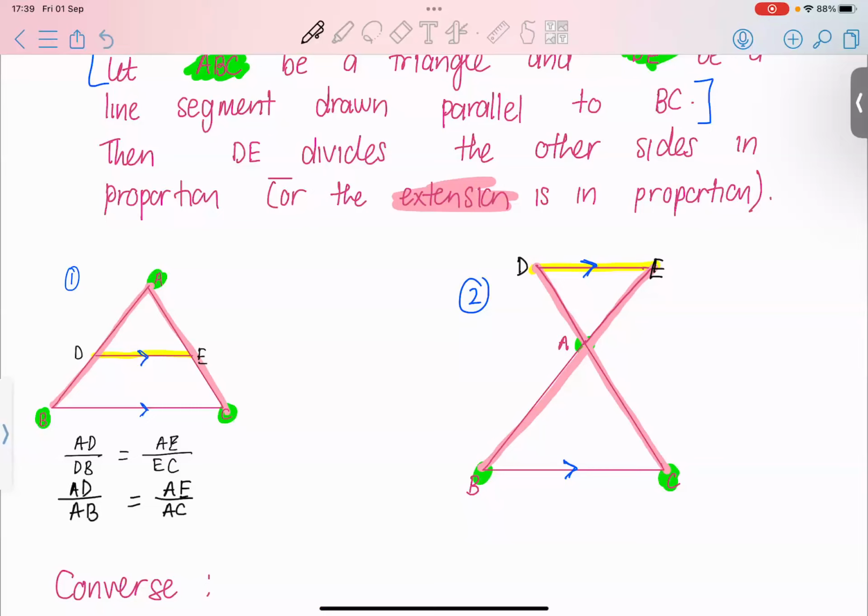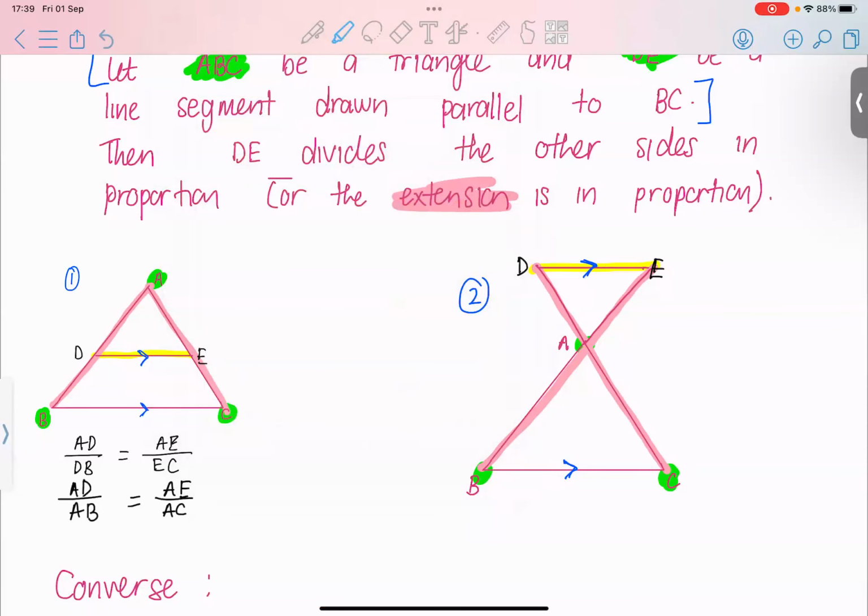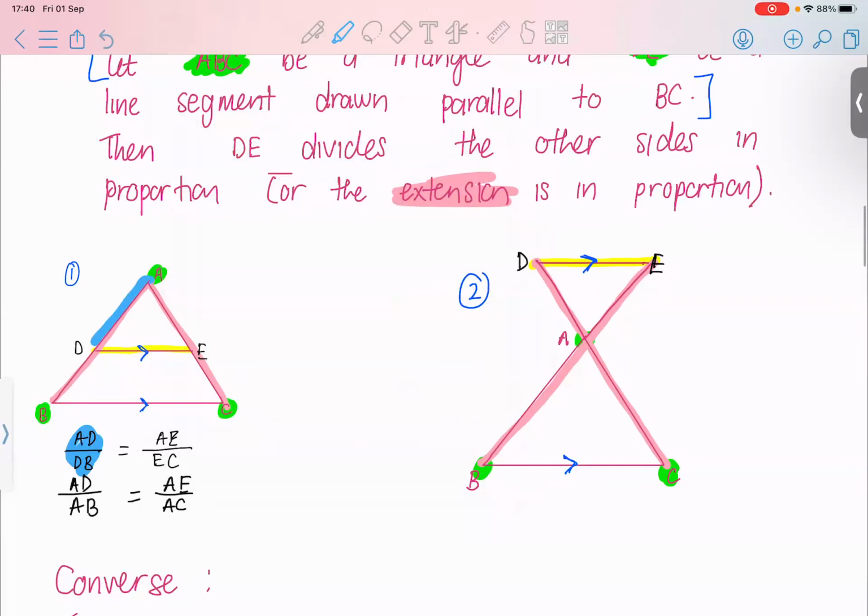So what is the difference between the two equalities that are written down? Well, the first ratio on the left is talking about the piecewise portions of the line segment AB.